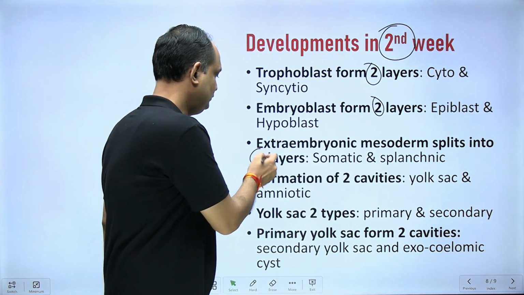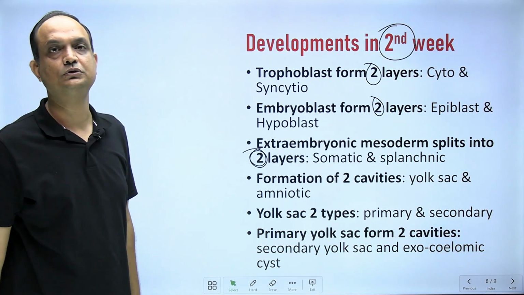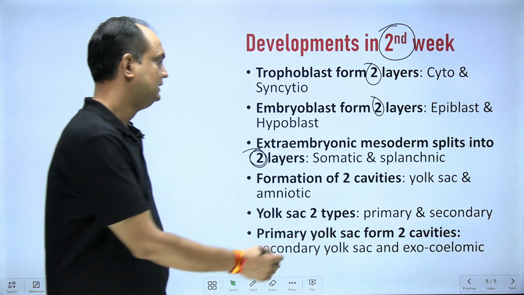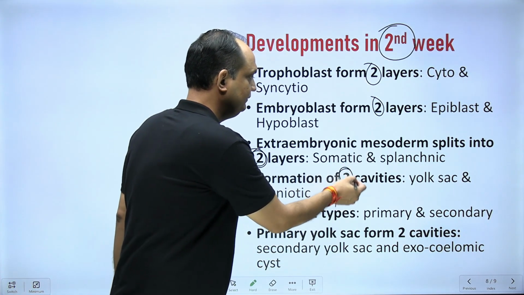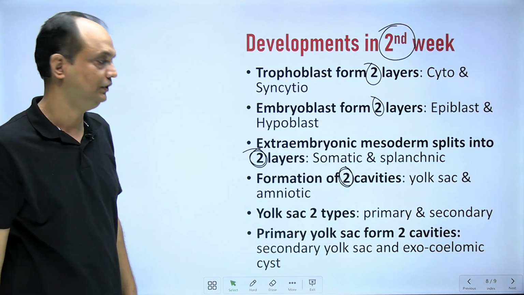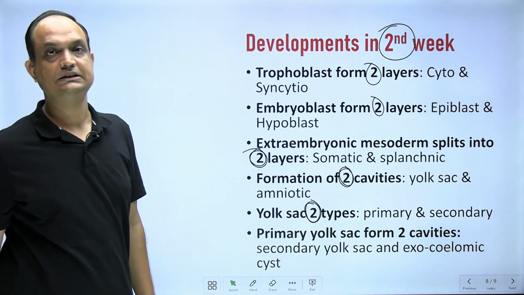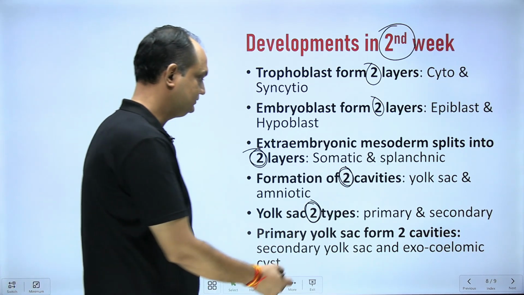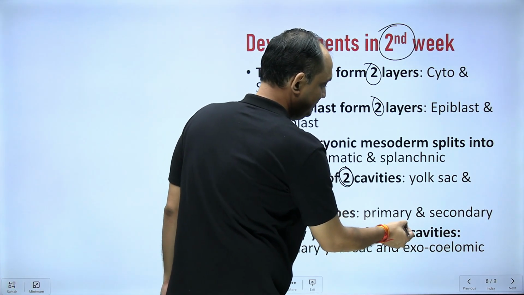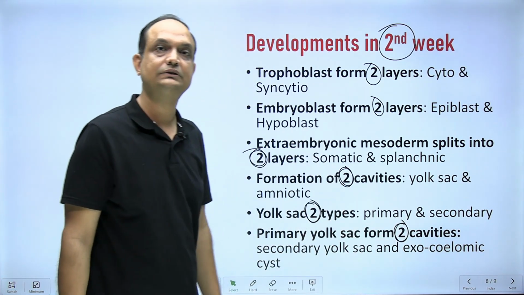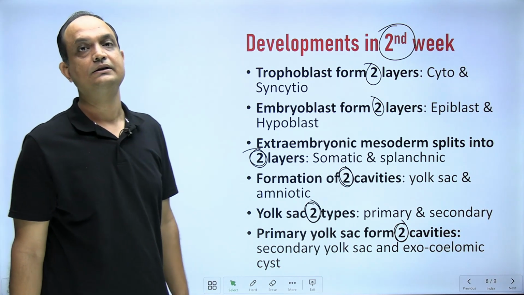There is a formation of 2 layers of extraembryonic mesoderm, somatopleuric and splanchnopleuric. 2 cavities will form, yolk sac and amniotic cavity. There are 2 types of yolk sac, primary yolk sac and secondary yolk sac, and primary yolk sac divides into 2 types of cavity, secondary yolk sac and exocoelomic cyst.